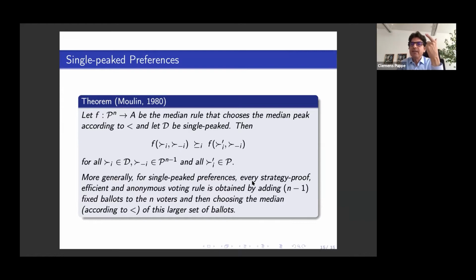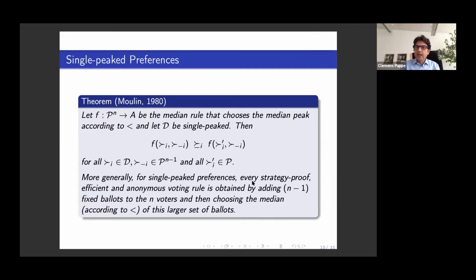In total, this is always an odd number, right? Because n plus n-1 is always odd. And now what you do is you choose the median of this union of the true voters with the phantom voters, okay? If you do that, no true voter has an incentive to lie about her preferences.